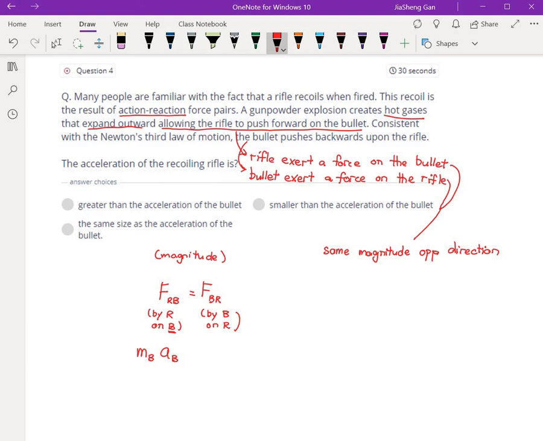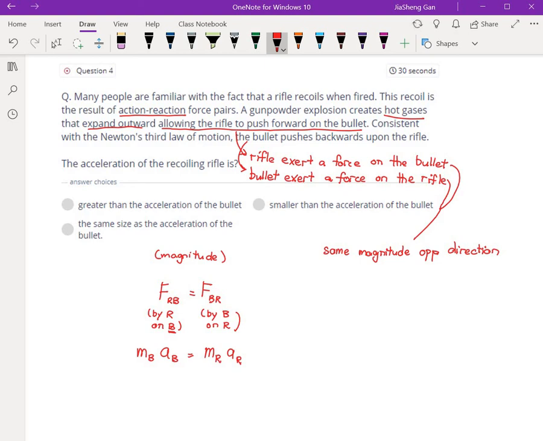For the right hand side of the equation, it's by the bullet on the rifle, so the rifle is the one experiencing the force, therefore it will be the mass of the rifle times acceleration of the rifle.